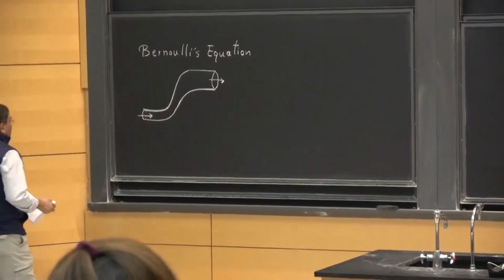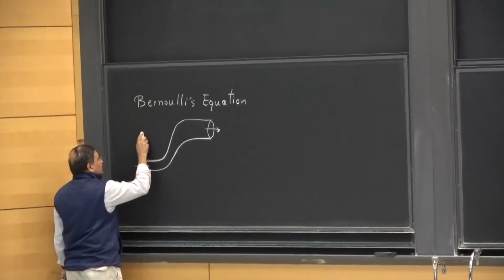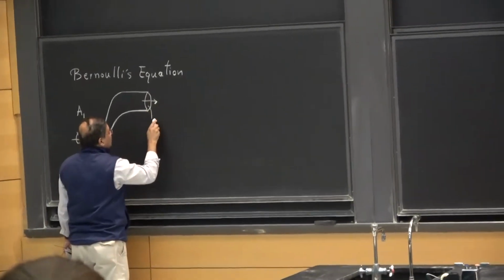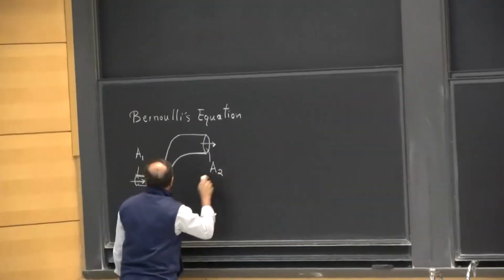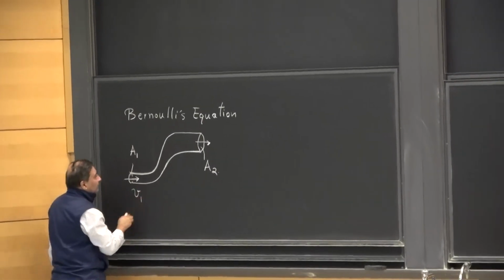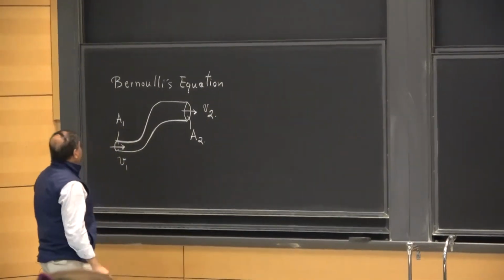Any kind of pipe is characterized by a cross-section. Let's say the cross-section here is A1, the cross-section here is A2. The velocity of the water as it enters is V1, and the velocity of the water here is some different number, V2, right?